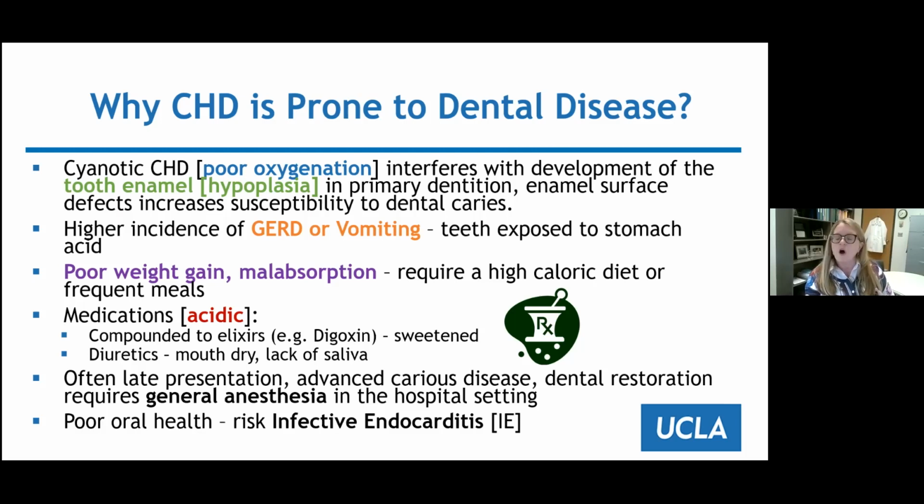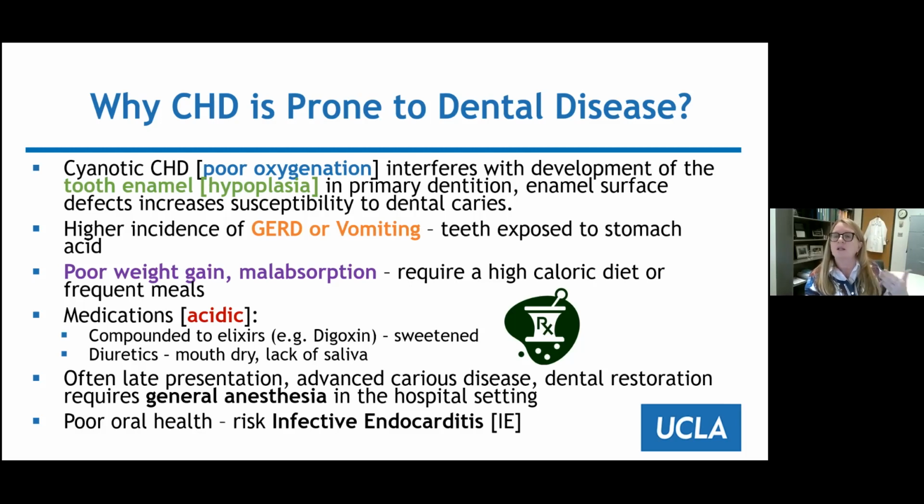These children often have feeding problems and feeding difficulties, and that's because of their cardiac output. They are circulating mixed blood throughout their body, and they're not able to utilize the calories that they need to grow and gain weight with. They're burning it off.